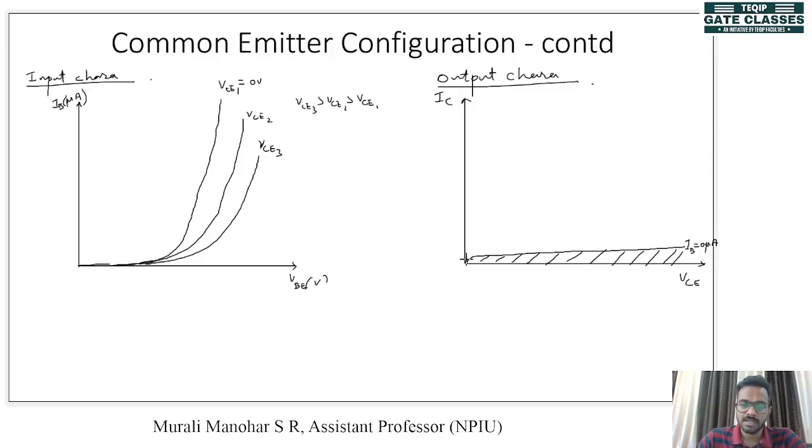Then when we increase IB, the characteristics will look like this.